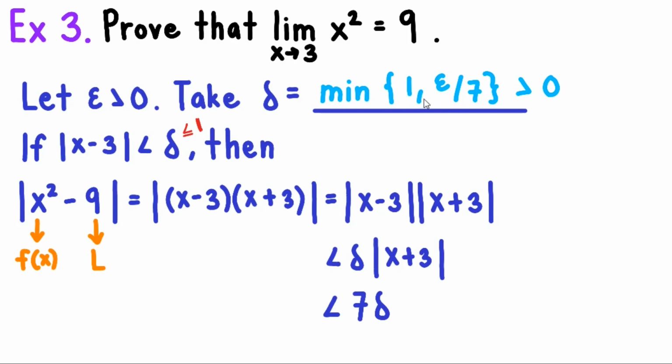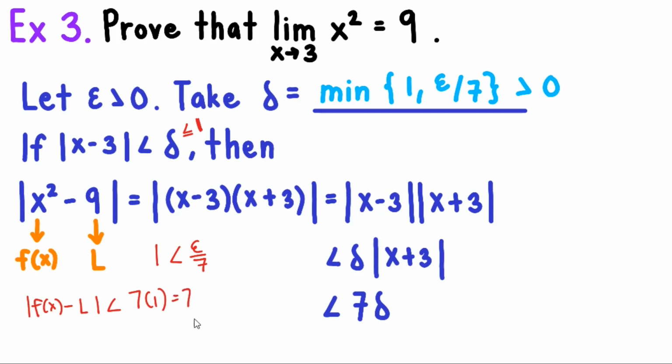So suppose that 1 is less than epsilon over 7. So we choose delta to be equal to 1 here. So we have f of x minus L is less than 7 times 1, which is equal to 7.